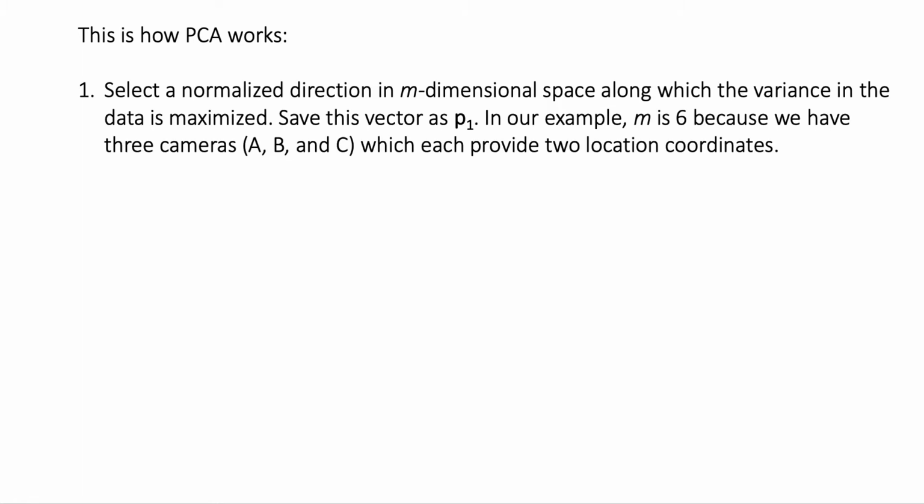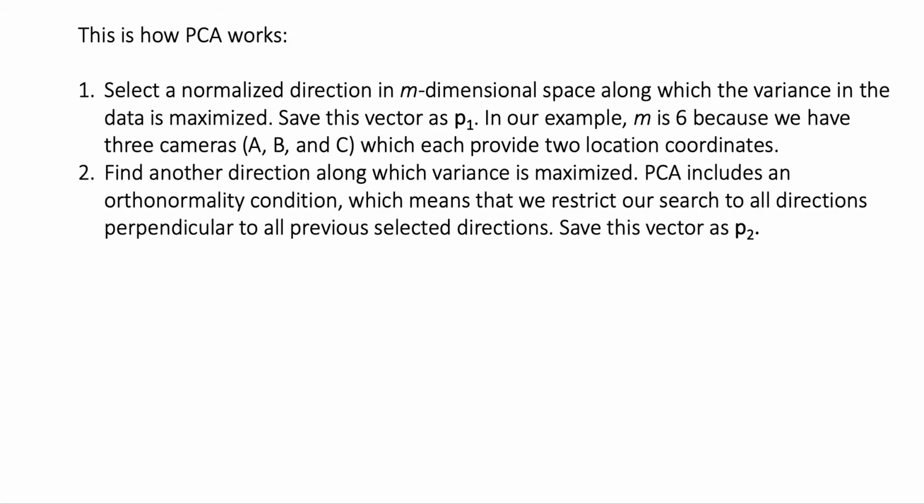We select a normalized direction in m-dimensional space along which the variance in the data is maximized. We save this vector as P1. In our example, m is 6 because we have 3 cameras, A, B, and C, which each provide 2 location coordinates. We then find another direction along which the variance is maximized.